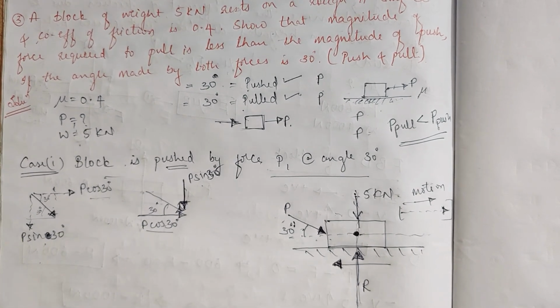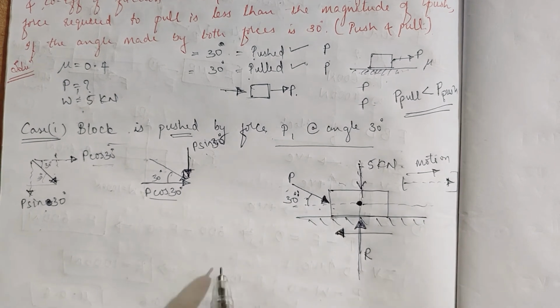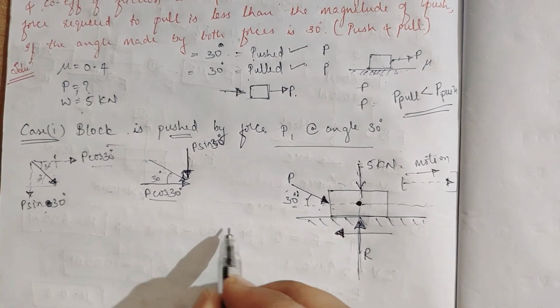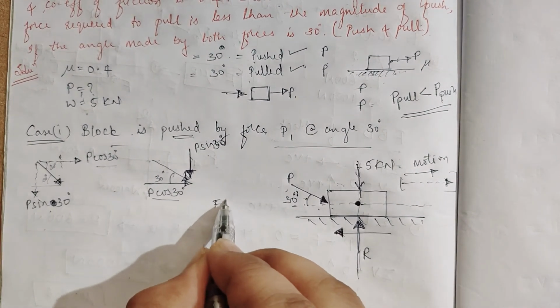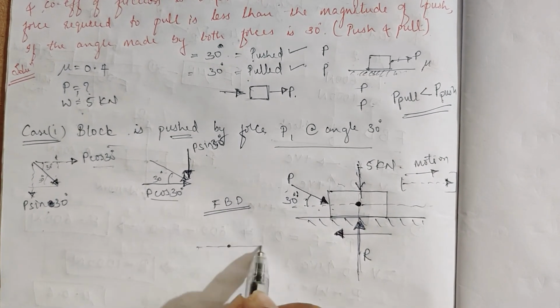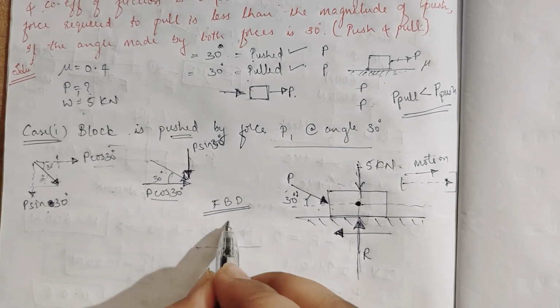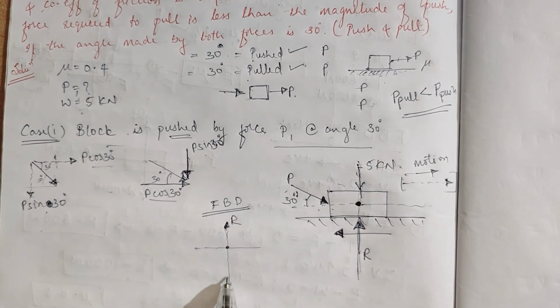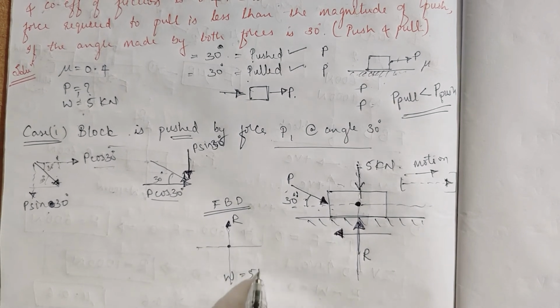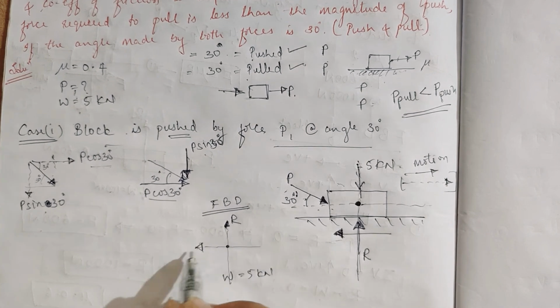Now I'll resolve it considering this. How will the free body diagram be? I'll show you here. This is the force R, this is W, the force of 5 kilonewton, and this is the F force, and this is the P force.